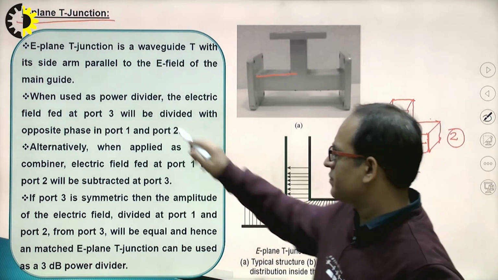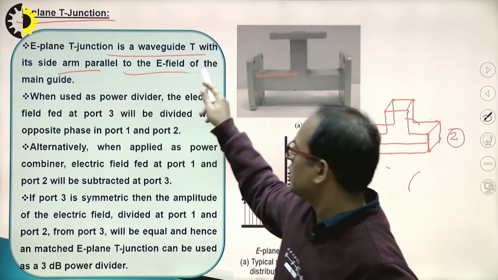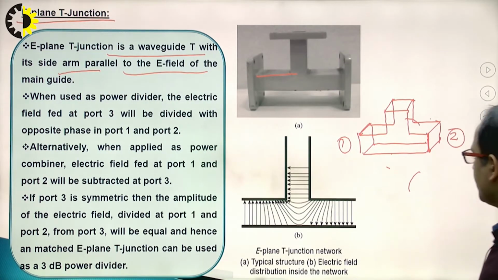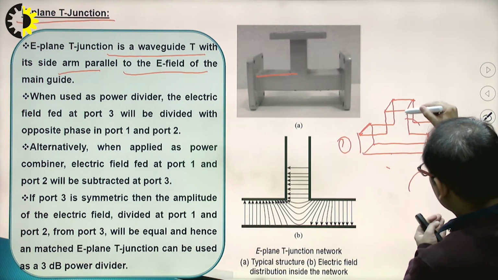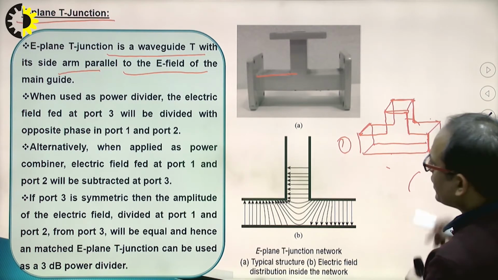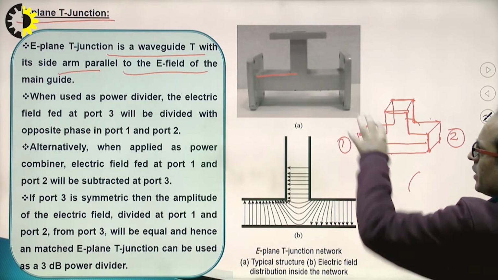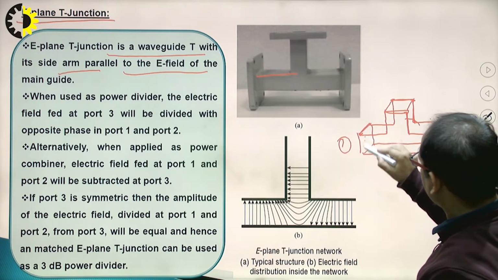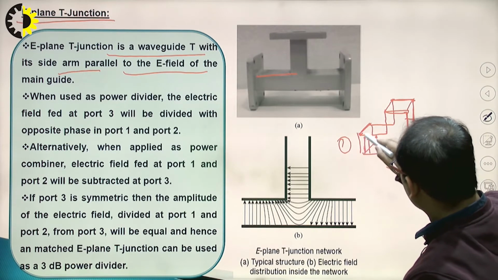Because the E plane T is a waveguide in which its side arm is parallel to the E field of the main waveguide. This is the main waveguide, and this one is the side arm or side waveguide. The side arm is parallel to the what? The electric field of the main waveguide, like this one.